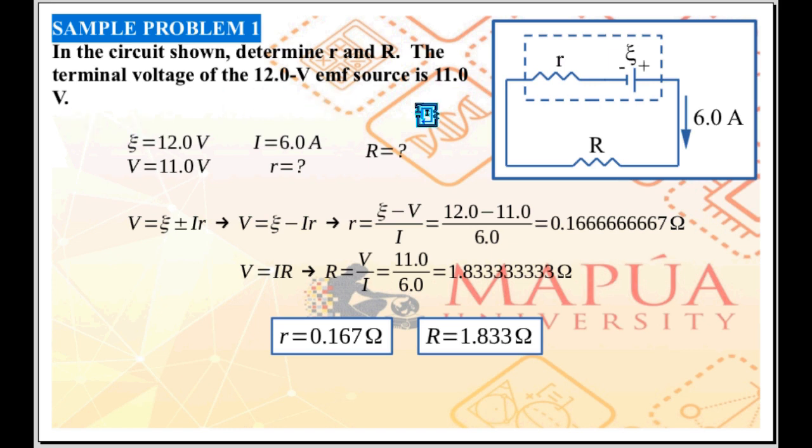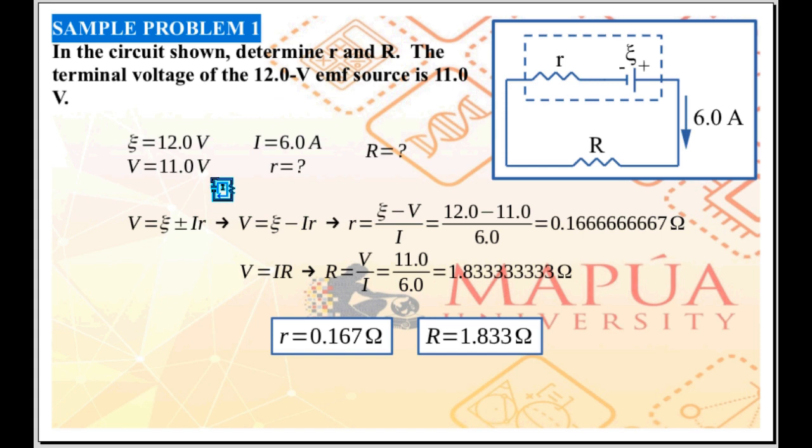So the EMF source has a small internal resistance, small r, meaning we have a real EMF source. The EMF rating of this EMF source is 12 volts, whereas the terminal voltage, the voltage across the terminals of the real EMF source, V, is 11 volts.